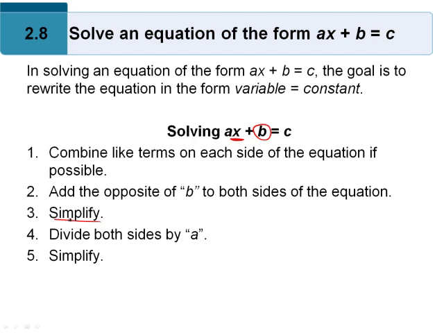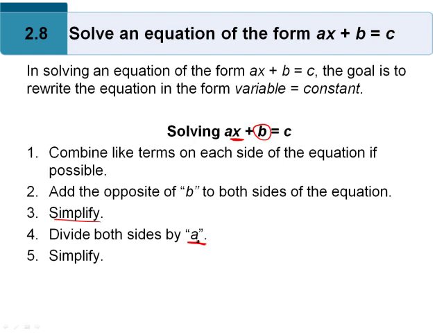After you simplify, you're going to be back to the type of equations that we just solved back in section 2.7 in the previous section. So at that point, you divide by the coefficient A to get your final answer. When you simplify that last time, you'll be down to X equals some number. So you'll be done.